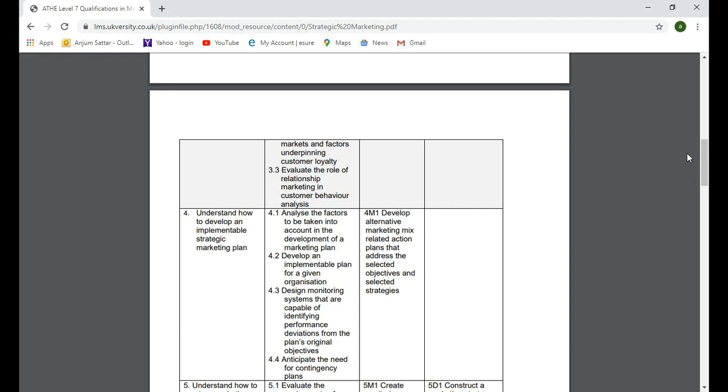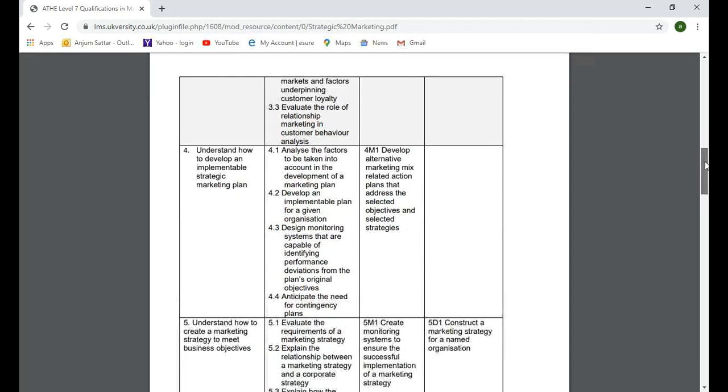In lesson 4 we discussed analyzing the factors to be taken into account in a marketing plan. We discussed different steps or stages in the marketing plan, which is quite linked with today's lesson as well, which is quite similar. Of course, today we're looking more at the strategy side.